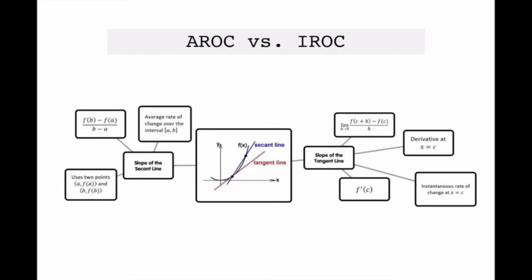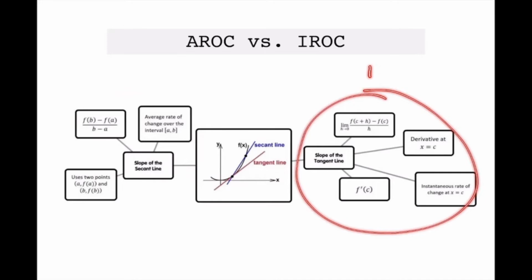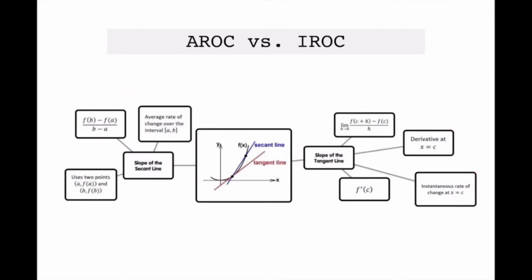On the other side, we have instantaneous rate of change stuff, or tangent slope, depending on the context that we're working in. If we're looking to find the slope of a tangent line that goes through one point on a curve, then this can be given to us, as we saw, the long way with the limit definition of a secant line slope between 2 points, and then shrinking the points closer together.